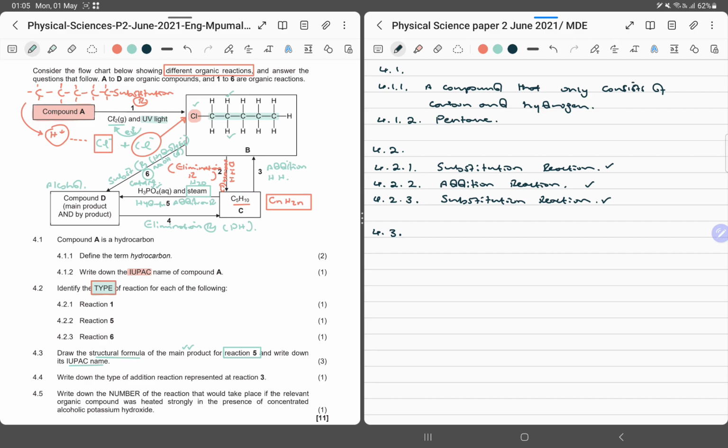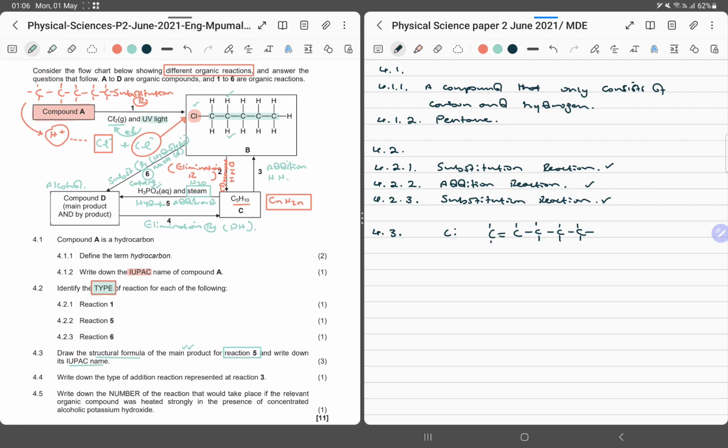So essentially compound C is going to be something like this: 1, 2, 3, 4, 5. Then of course we've got 2 hydrogens there, 1 hydrogen there, and then we've got something like this. It's C5H10.